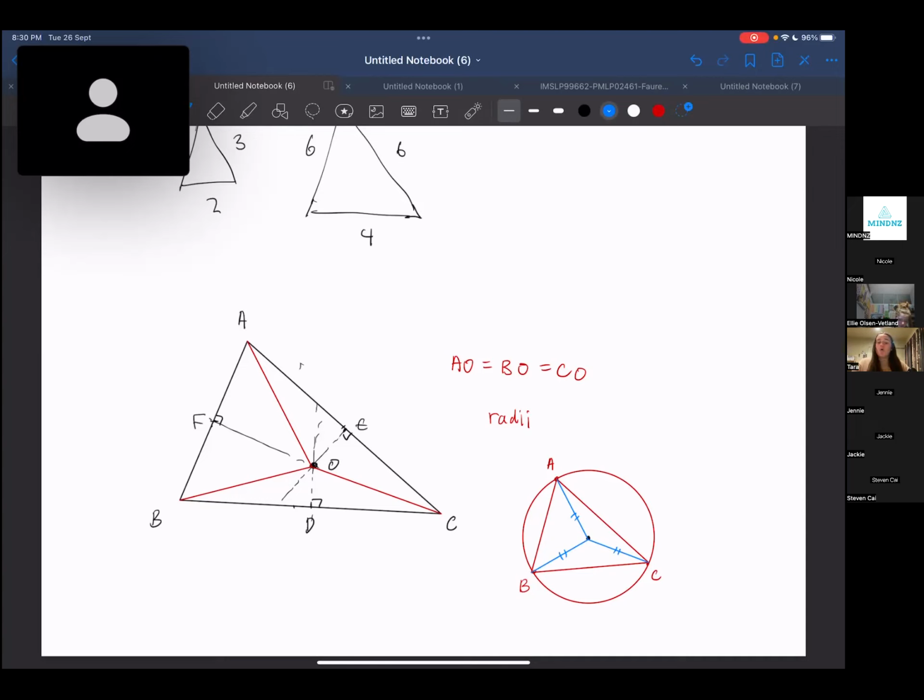Yeah, because it's the center of the circle. The length from the center of the circle to any point on the circumference will always be the same. That's the definition of a circle. So since A, B, C is inside a circle and O is the center, all of those lengths must be the same.